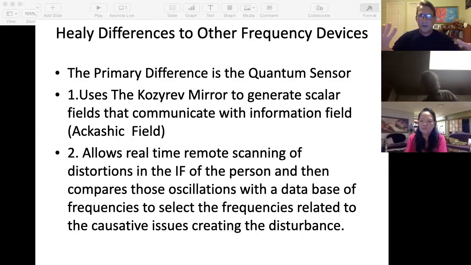So we're trying to identify where those distortions of energy flow are occurring in our emotional field and in our mental field. Our mental field relates to our thoughts and our beliefs. Most of the energetic devices that are out there on the market are very useful and effective at accessing information from the physical body.